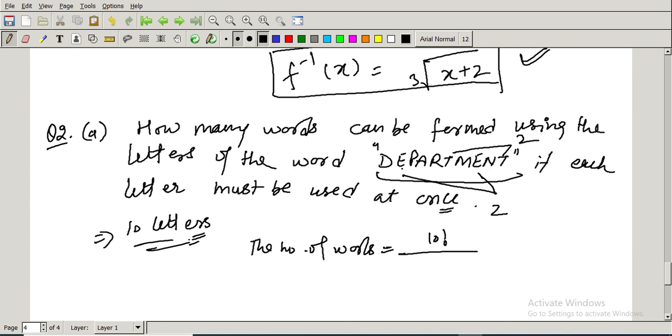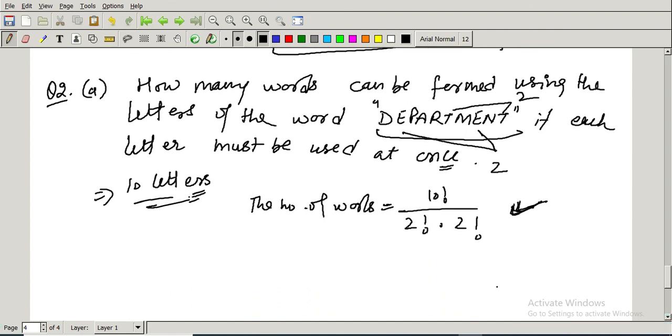We have 2 letters, E and T, so 2 factorial for E and 2 factorial for T. Solve this and you will get your answer. So I'm leaving that to calculate by yourself.